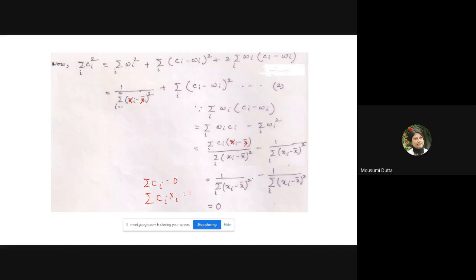I hope you are understanding this summation ci xi minus x bar summation ci is coming from this part, and using these two conditions I'm getting this to be equal to this.